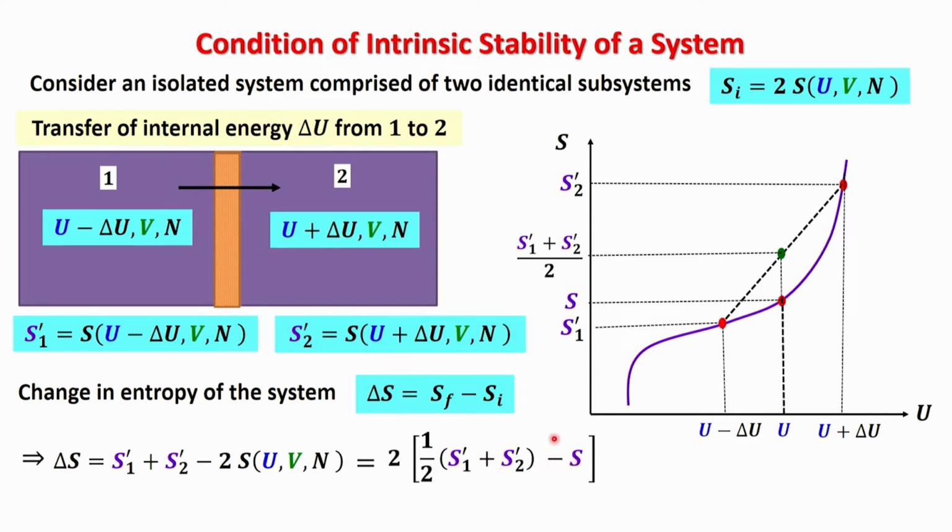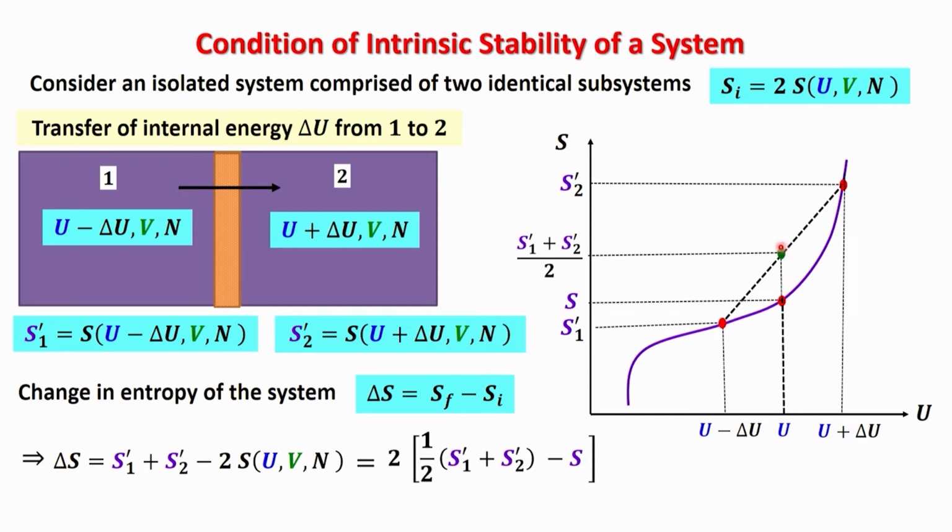Okay. So, now let us have a look at the quantity written within the square brackets from this expression. This is the magnitude of half of S1 prime plus S2 prime, and this is the magnitude of S. So, what do I observe from this particular diagram?